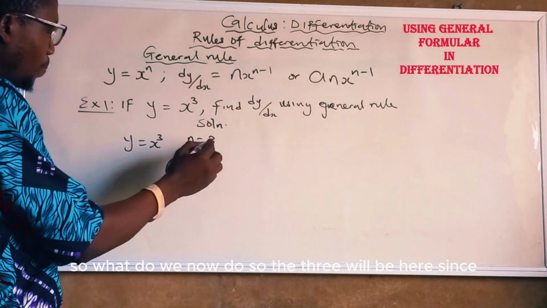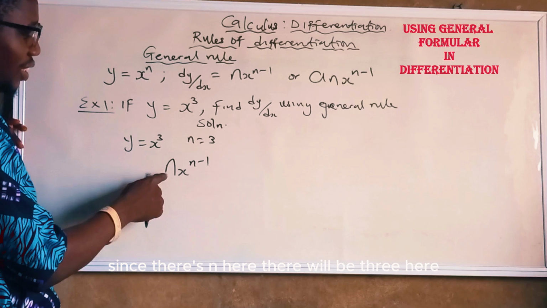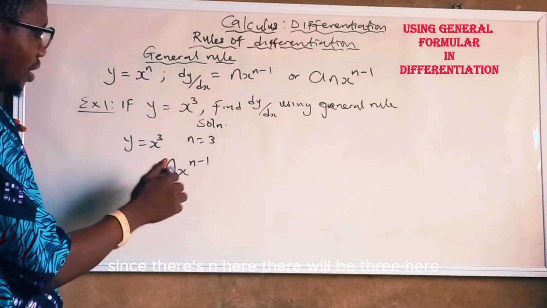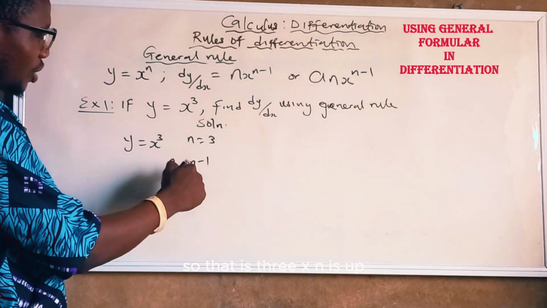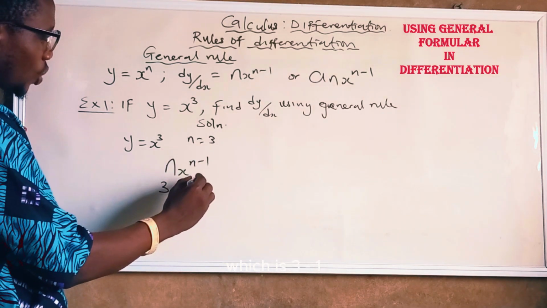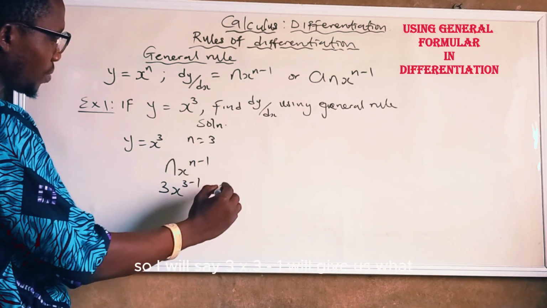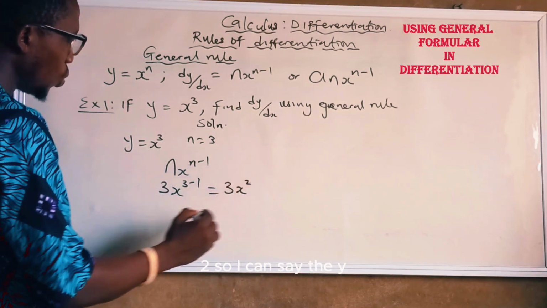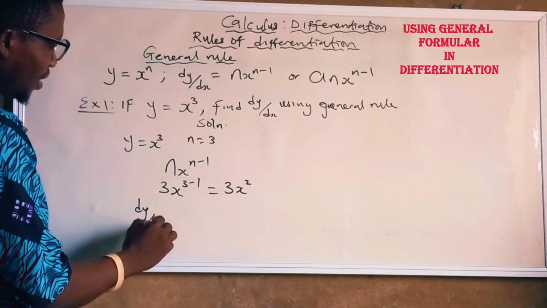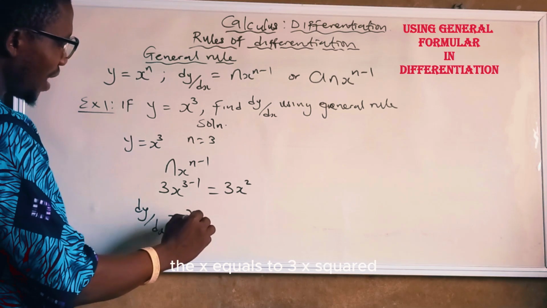So what do we now do? Since there is n here, there will be 3 here. That is 3x, and the power is 3 minus 1, which gives us 2. So dy/dx equals 3x squared.